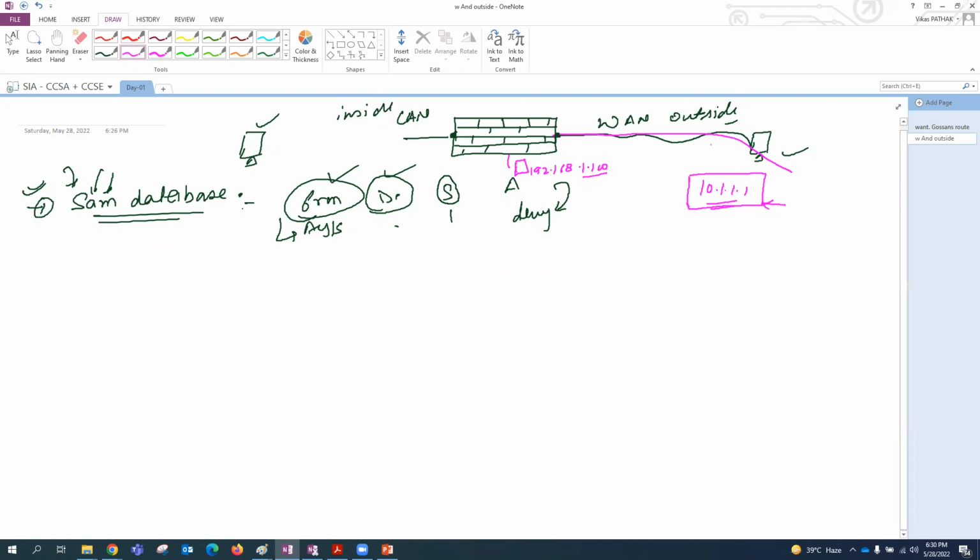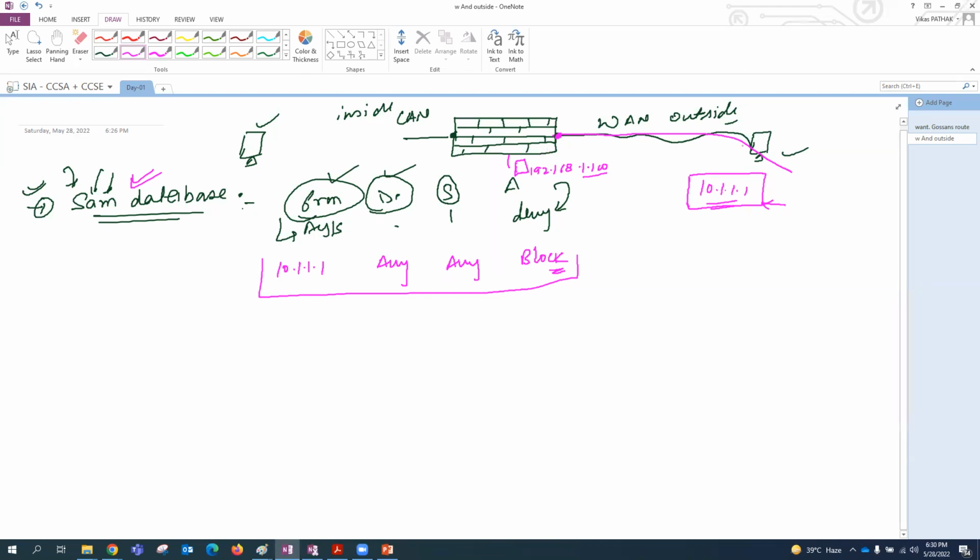So what I can do is go to the SAM database of the firewall and create a policy that from 10.1.1.1, destination any, service any, action will be blocked. I can create this rule and the firewall will block this traffic on this particular interface itself.